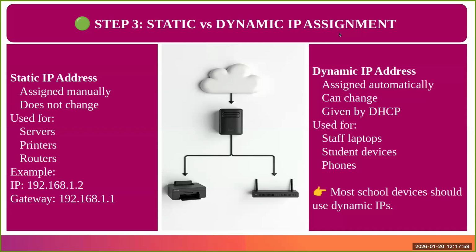Desktops and laptops, whatever you are using, then you must do static IP assignment with proper documentation. So example of an IP address: 192.168.1.2. If you assign that to a system, then .1 will be the gateway. So one is .2, another one will be .3, another one will be .4, another one will be .5.